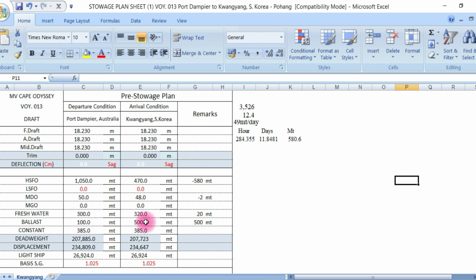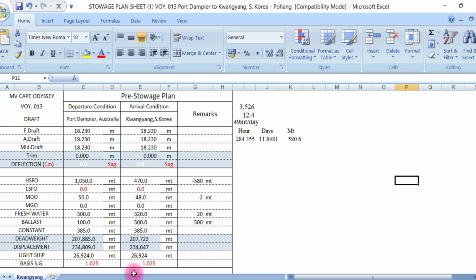And in freshwater, he can produce 20 metric tons in 11.8 days. And he wants to pump in 500 metric tons before arrival at Gwangyang. So we will see what happens here.